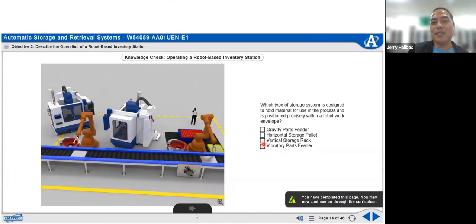The answer is pallet. Horizontal storage pallet. That's what you see here.